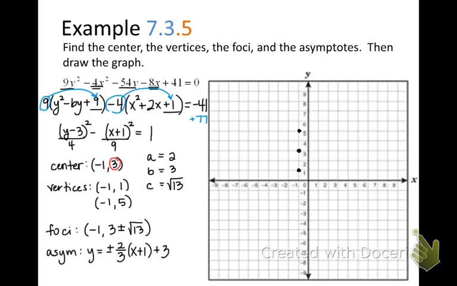In between 3 and 4, right? So I count out in between 3 and 4 from my center point. So I go up 1, 2, 3, and somewhere in between that and 4, right? And then down about the same amount.